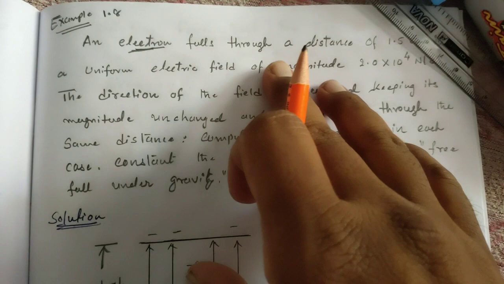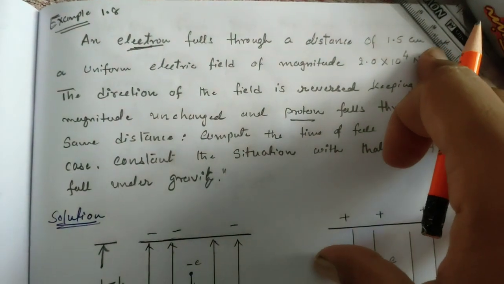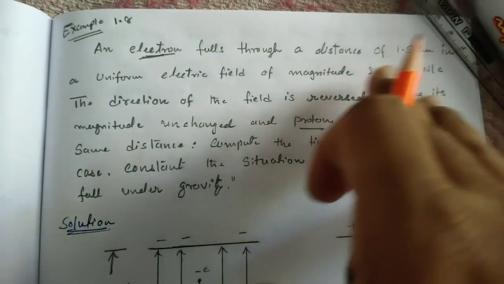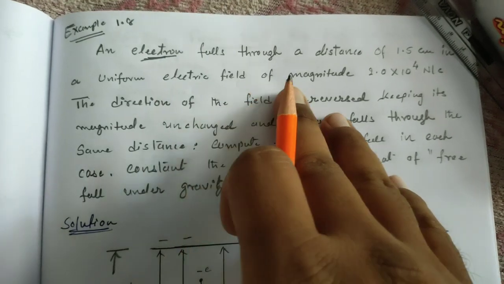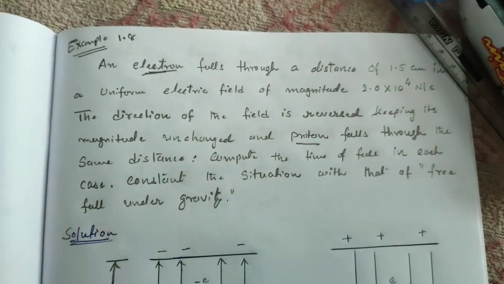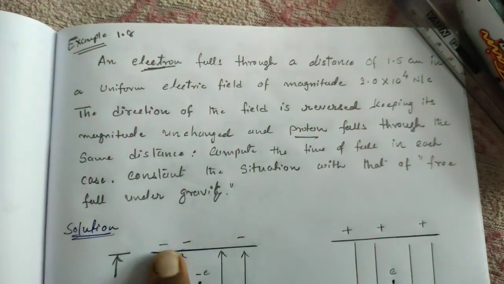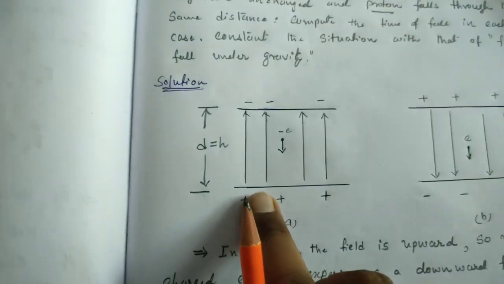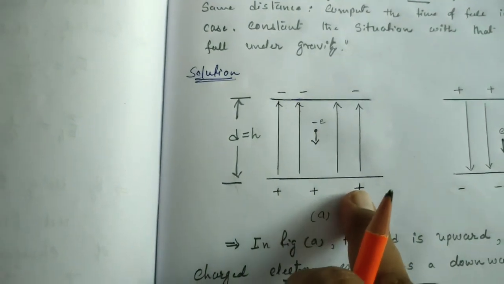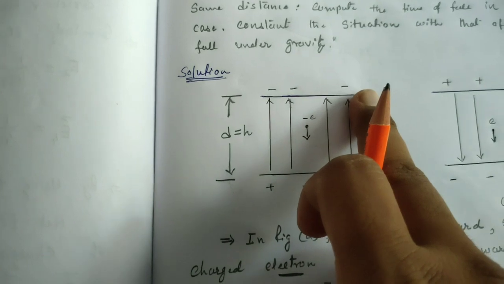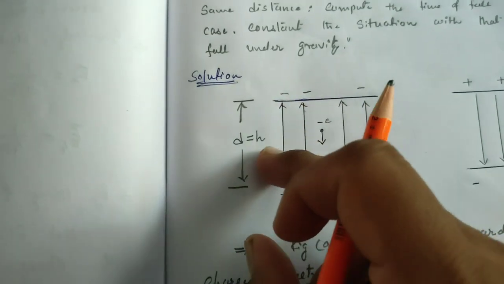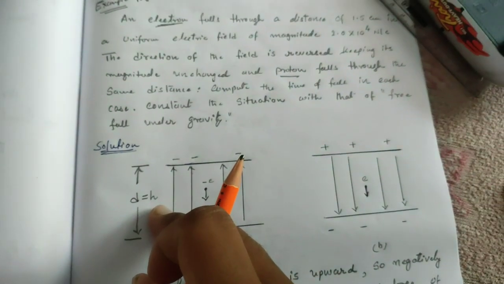An electron falls through a distance of 1.5 centimeter in a uniform electric field of magnitude. Okay, so over here, see, this is the diagram. Positive charge is situated over here, negative charge is situated over here at the given distance of 1.5 centimeter.